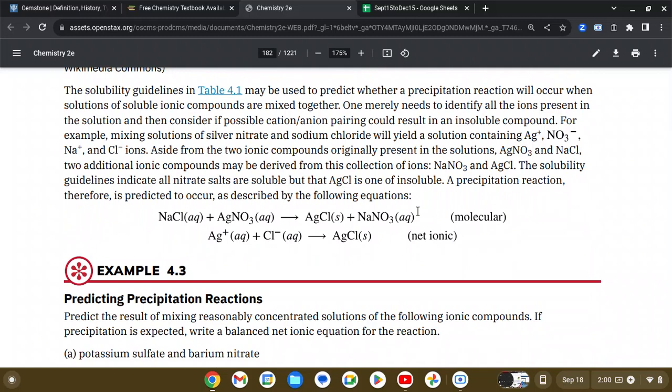For example, mixing solutions of silver nitrate and sodium chloride will yield a solution containing silver ion, nitrate ion, sodium ion, and chloride ion. Aside from the two ionic compounds originally present in the solutions, silver nitrate and sodium chloride, two additional ionic compounds may be derived from this collection of ions: sodium nitrate and silver chloride.